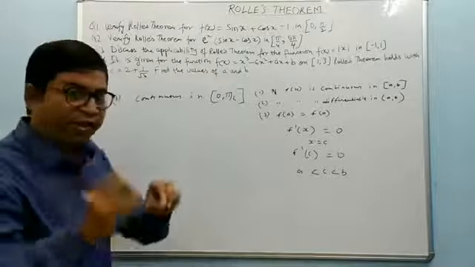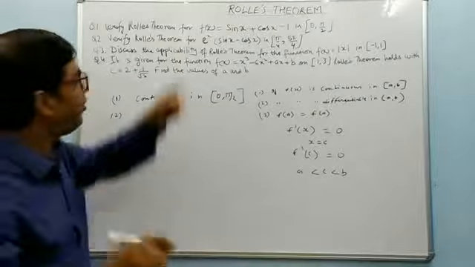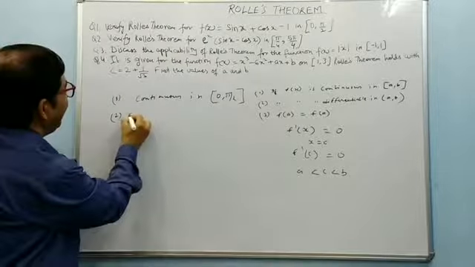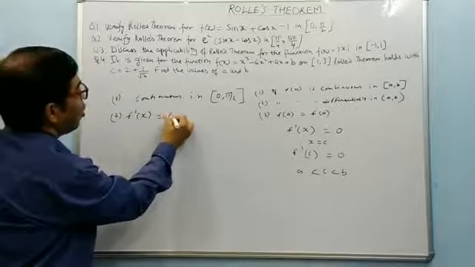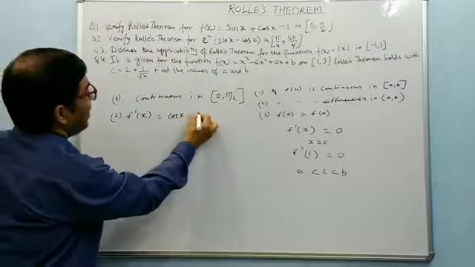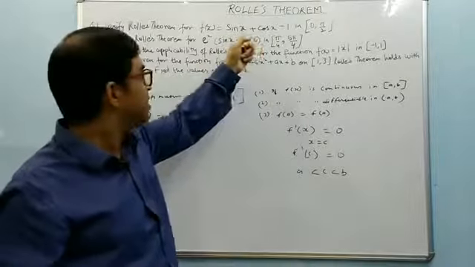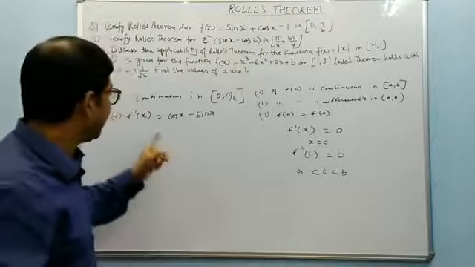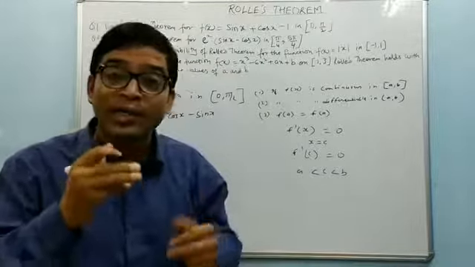It is differentiable. How? I am telling you a technique, a very easy technique. You differentiate the function. If you find f dash x, it is coming out to be cos x minus sin x. Why? Differentiation of sin x is cos x and that of cos x is minus sin x, and it is differentiable everywhere. What does this mean?